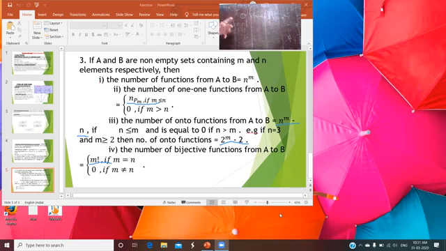You have to check whether the function is one-one and onto. For a one-one function, you have to take distinct elements from the domain, and this N is known as the codomain.